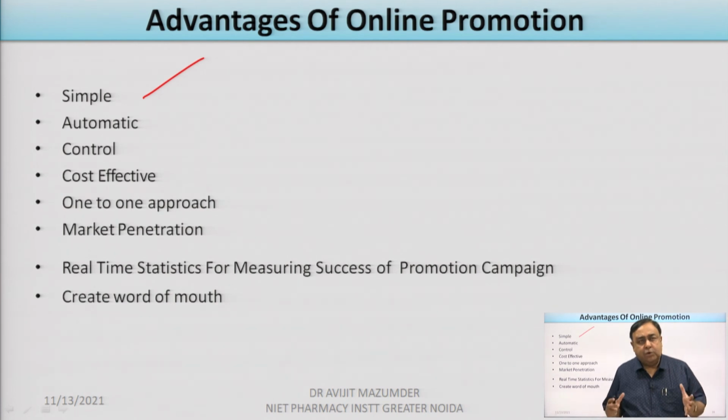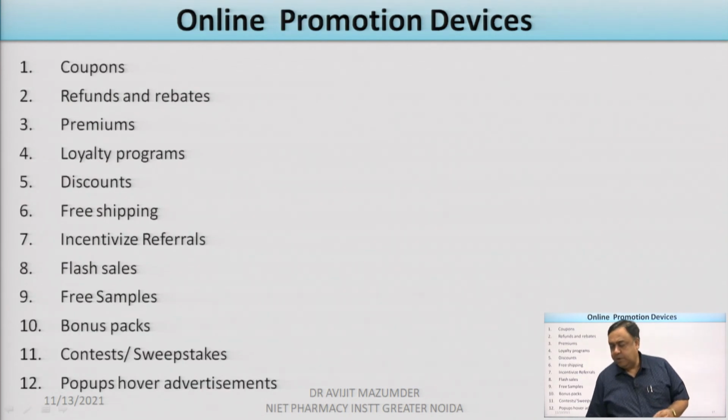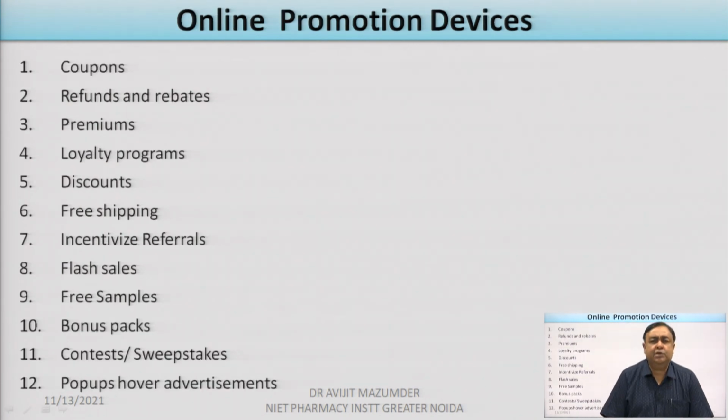Now, because there are so many advantages of online promotion, you will see that in the current context we are using these online tools to promote our product. Let us see what are the various online promotional devices.